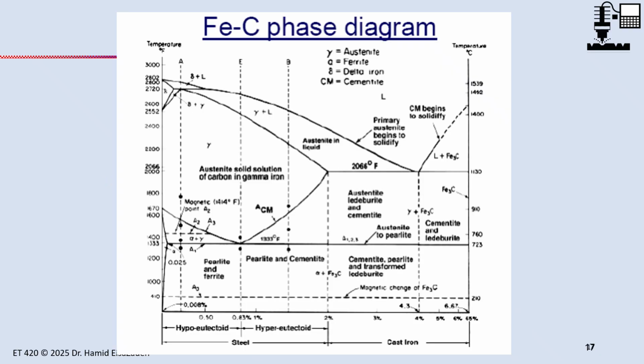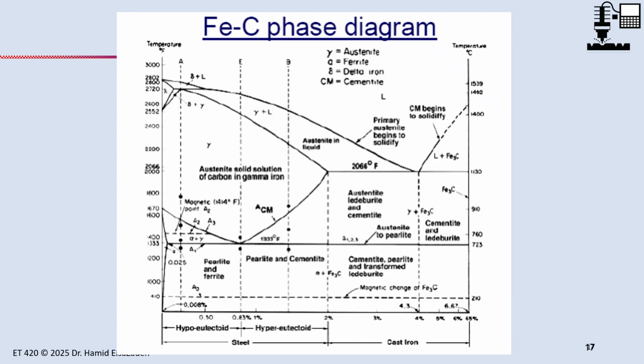This is the actual Fe-C, or iron carbon, phase diagram. As you see, this is much more complicated than the phase diagram I described. So I don't want you to memorize all these lines.